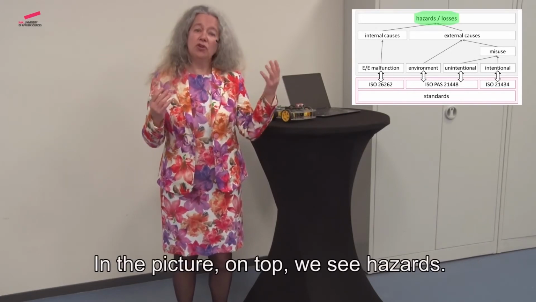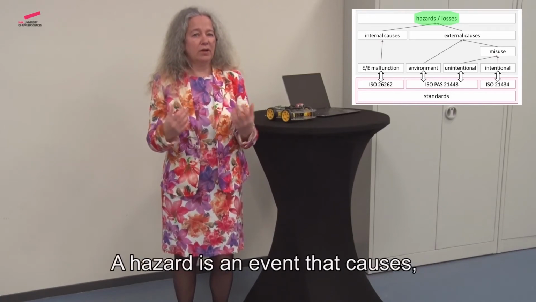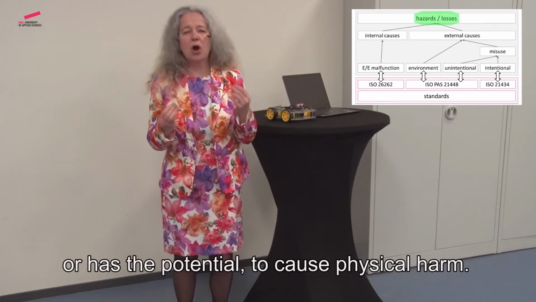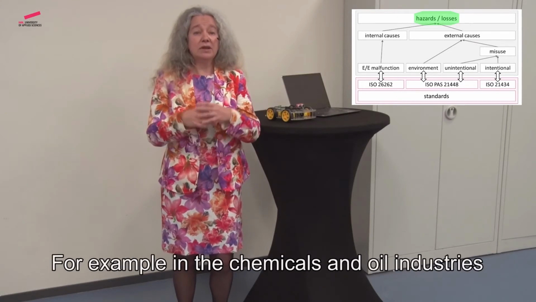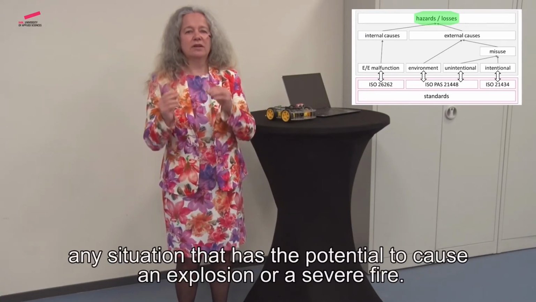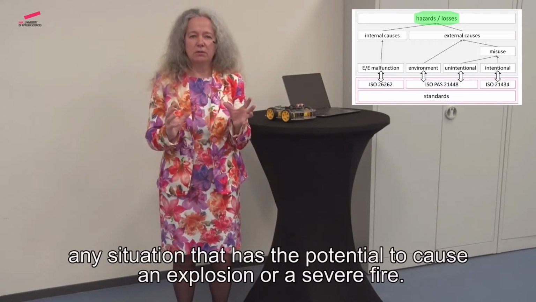In the picture on top, we see hazards. A hazard is an event that causes or has the potential to cause physical harm. For example, in the chemicals and oil industries, any situation that has the potential to cause an explosion or a severe fire.